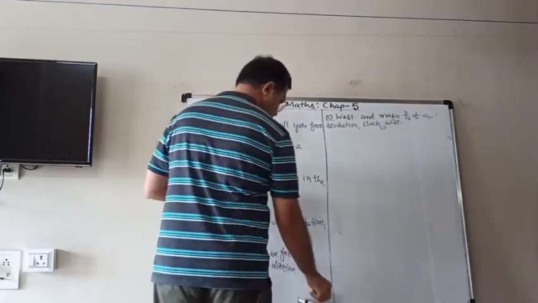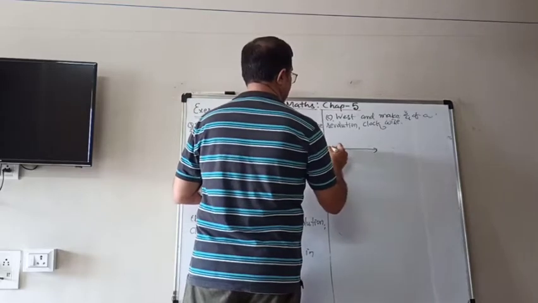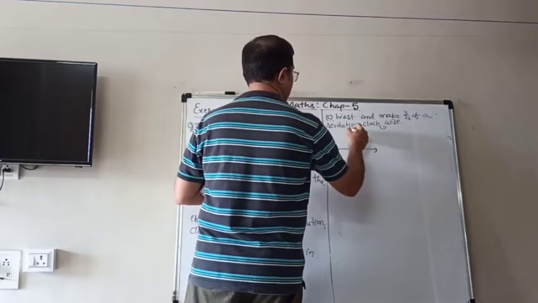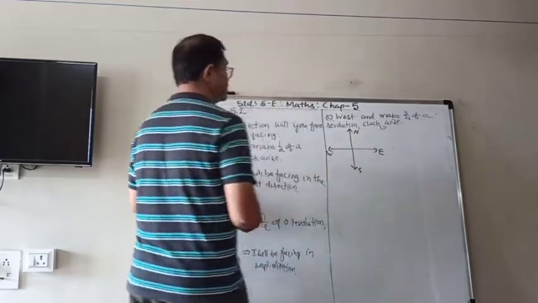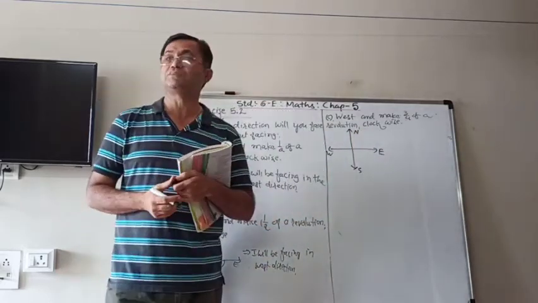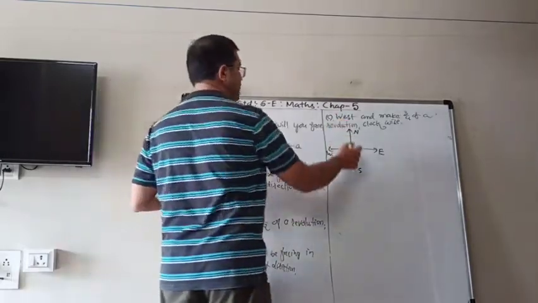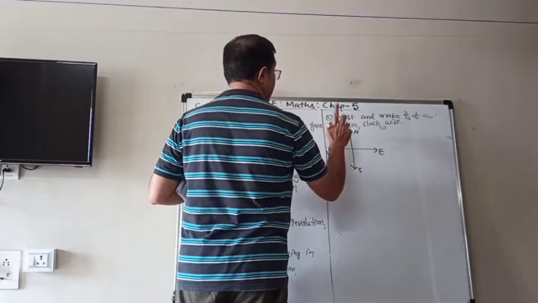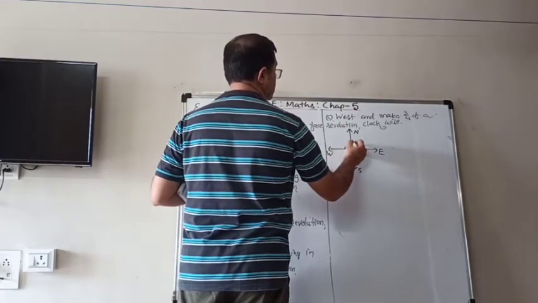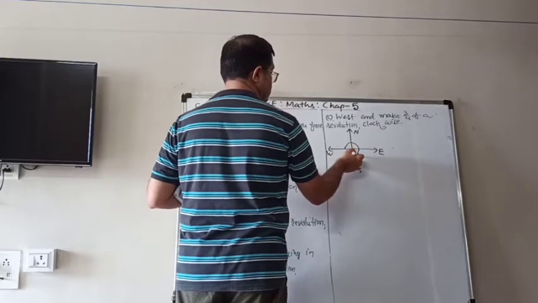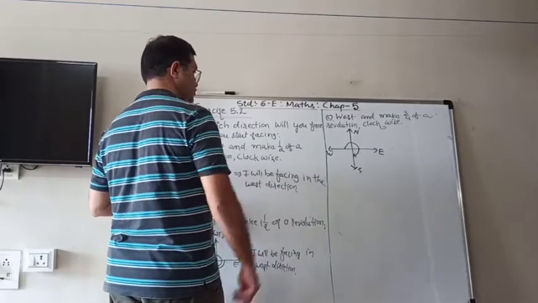Now we have to make a 3/4 revolution. We know that 3/4 revolution means 3 right angles. Starting from west, 1 right angle, 2 right angles and the 3rd right angle, then you will be facing towards south.